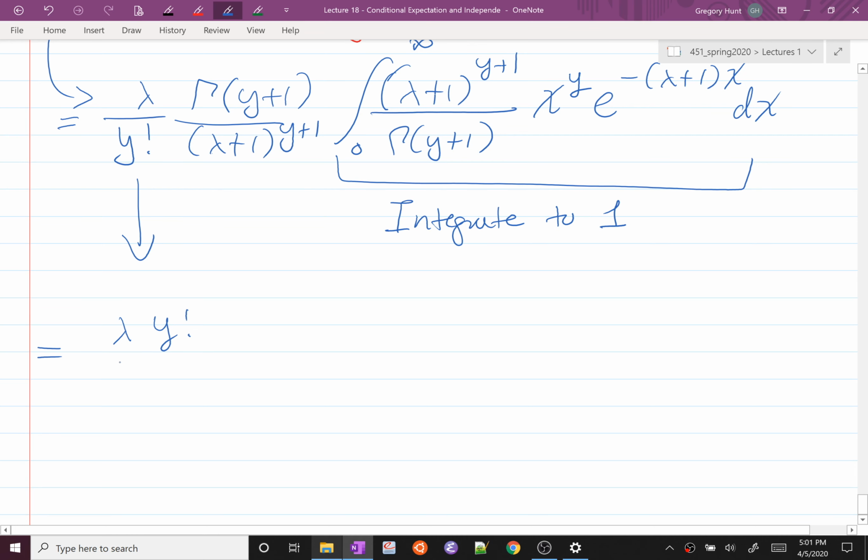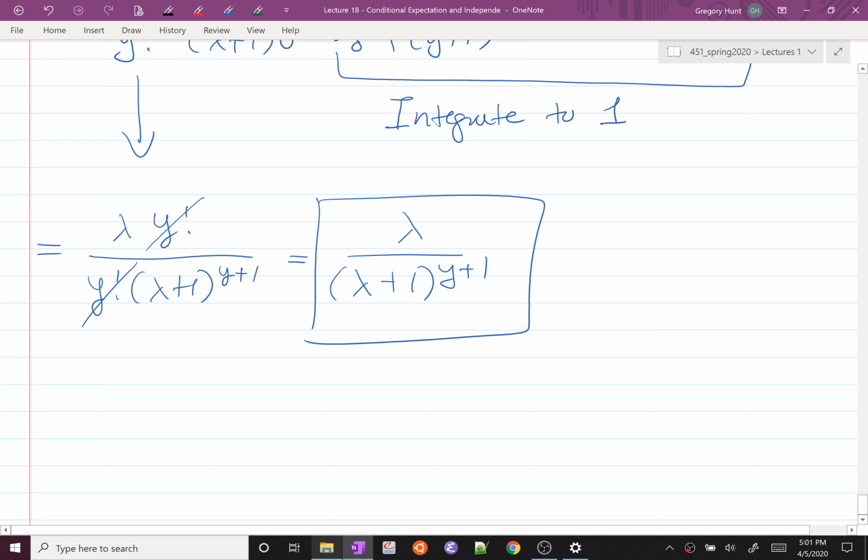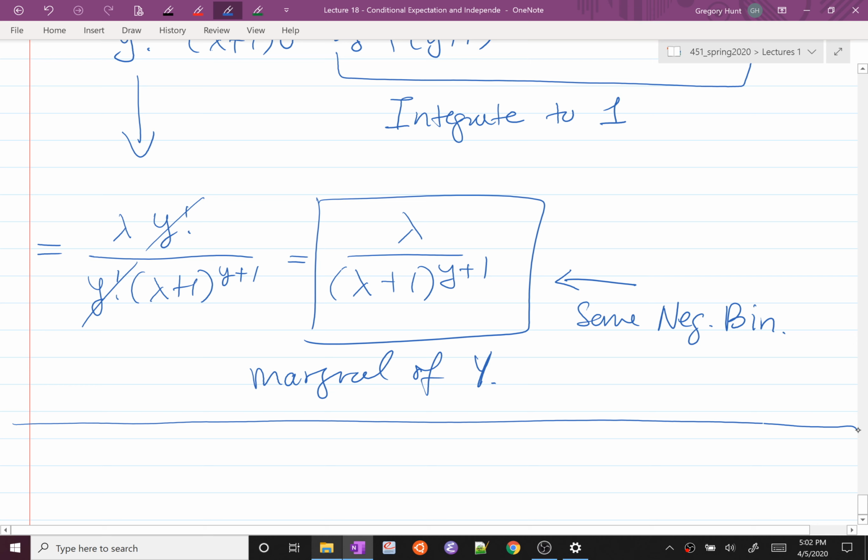So this is the marginal of y, and this is some negative binomial distribution, if you happen to care. But it doesn't really matter. We got the marginal distribution of y just knowing the conditional of y given x and the marginal of x.